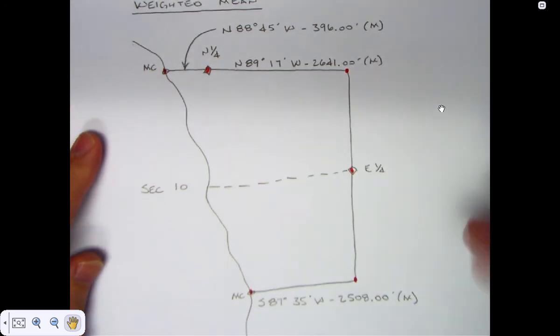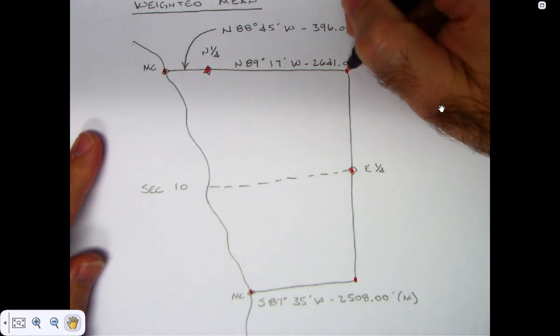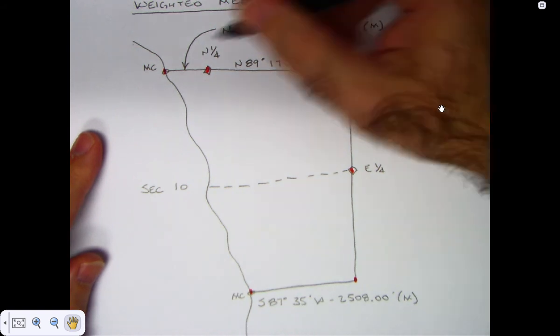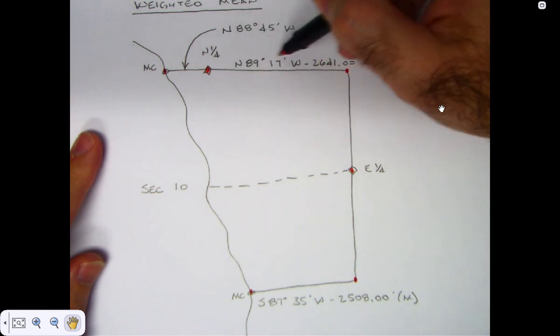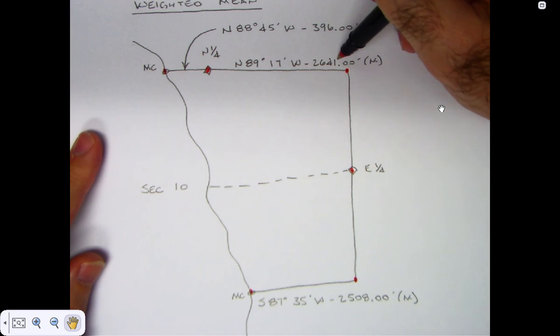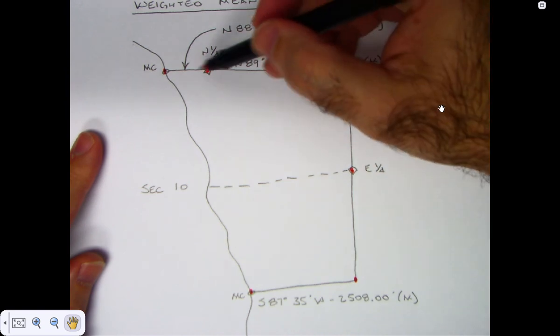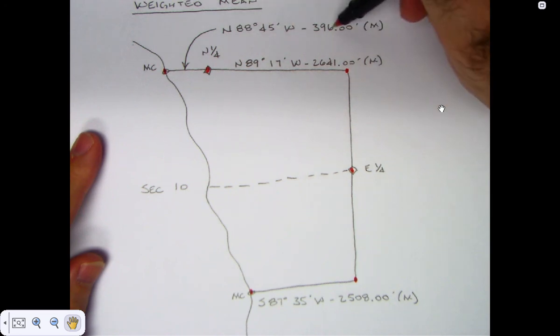Okay, we measure on an astronomic basis of bearings, and from the northeast section corner to the north quarter corner we get north 89 degrees 17 minutes west, 2,641 feet. Then from the north quarter corner to the meander corner we measure north 88 degrees 45 minutes west, 396 feet.